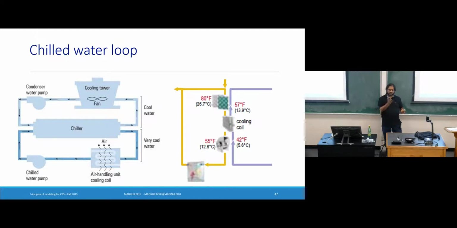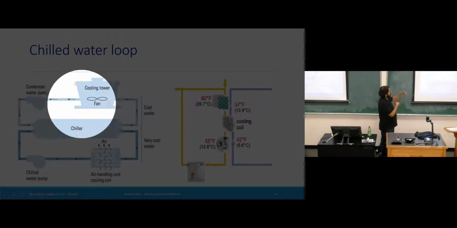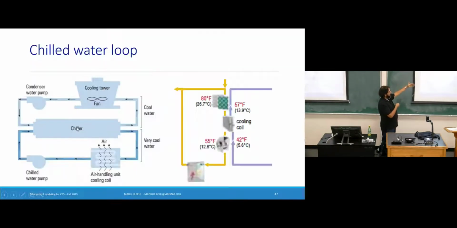But then the question will again propagate. The refrigerant was going to exchange heat, but the temperature of the refrigerant is going to increase now. So you are still passing the hot potato. So the final loop is what is called this cooling tower loop or a condenser loop. And what happens here is this other interface of the chiller. So you can think of a chiller as an intermediate between the buildings and the outside environment.